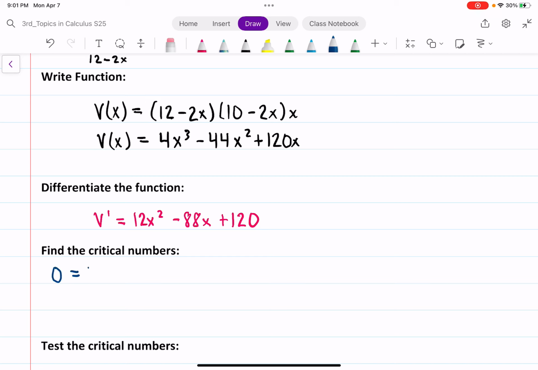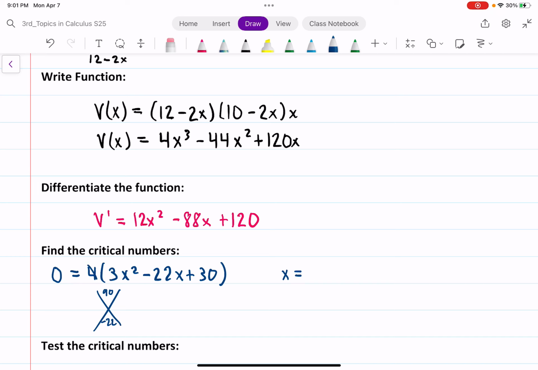So if we go ahead and factor out the 4 as a GCF, we're left with 3x squared minus 22x plus 30. But then if we try to factor this, that would be 90 and negative 22. There are no numbers that multiply to 90 that would add to negative 22. So that means in this case, we have to use our quadratic formula.